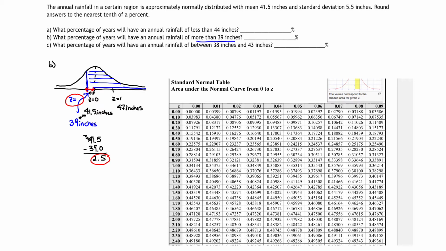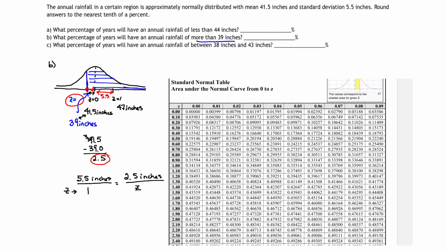Because I know that 5.5 inches, my standard deviation, corresponds to z equals 1. So 5.5 inches corresponds to z being 1 in the same fashion that 2.5 inches corresponds to z, which we're not sure what it is.